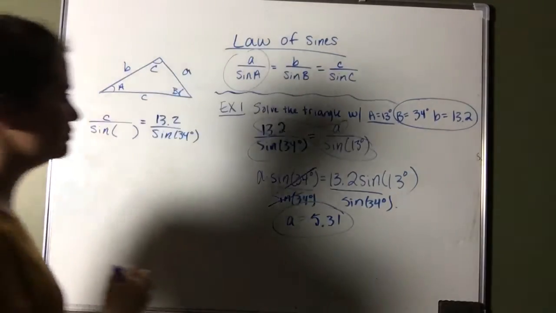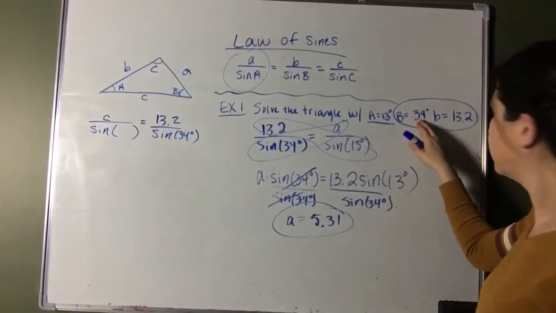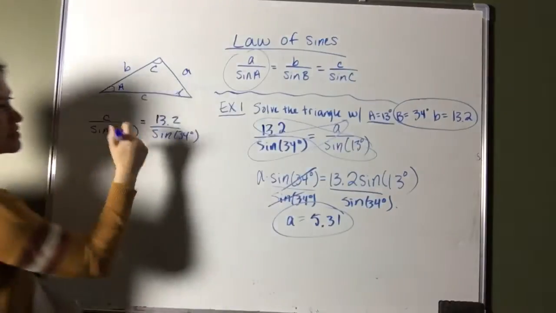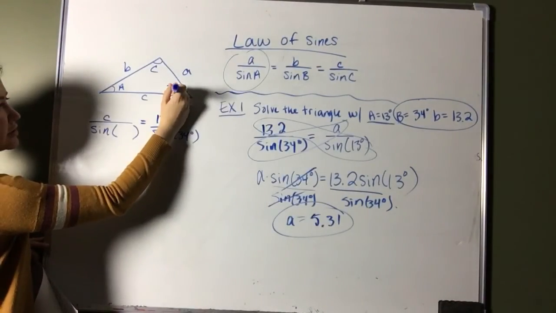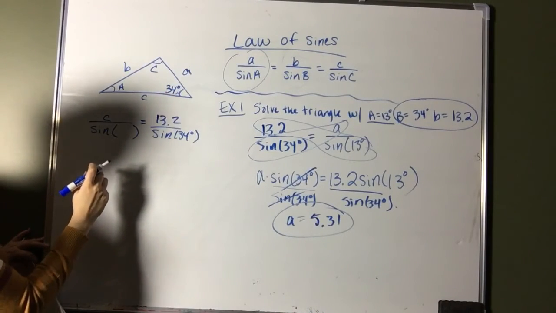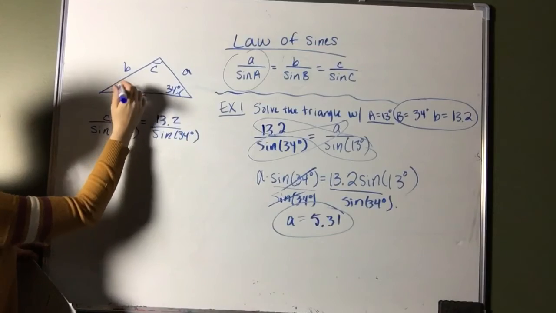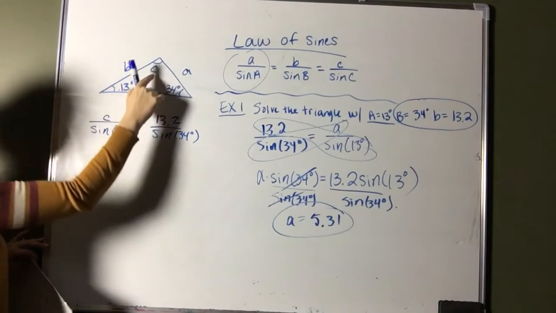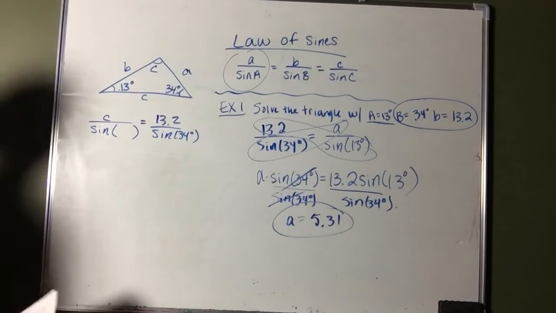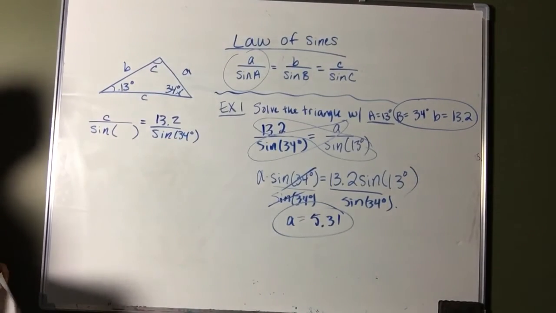So how do we figure out big C? Well, we know that this is 34 degrees, and we know that A here is 13 degrees. So how do we find the last angle? I don't know. You don't know? Let me tell you.